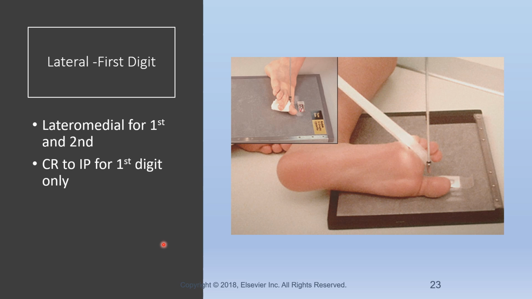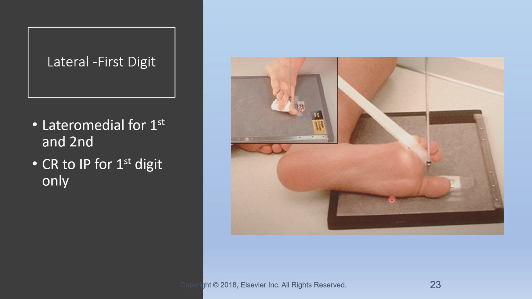Okay, so this is on page 230. This particular image is not the same as the one in the book, but they are referencing 6.47 for that. They just have an updated model. All right, so with this one, when it's lateromedial projection, you're going through the lateral aspect, exiting the medial.